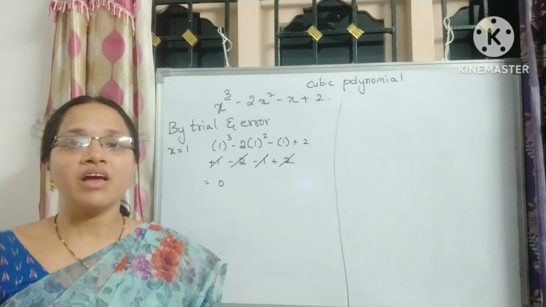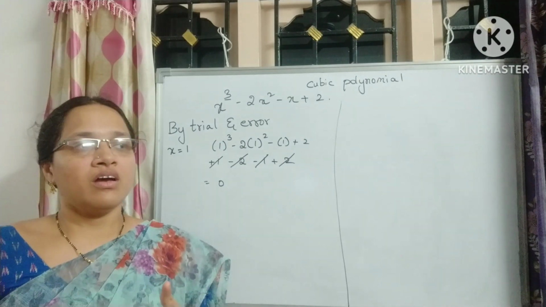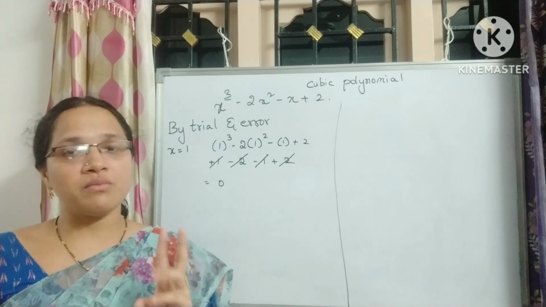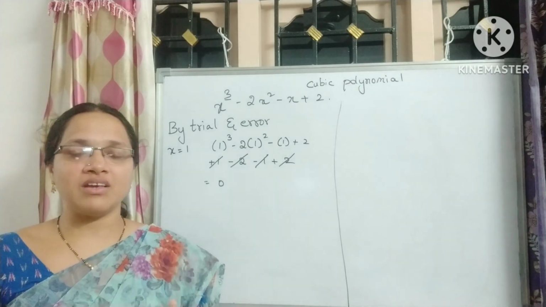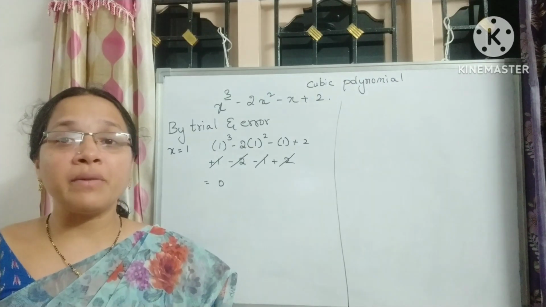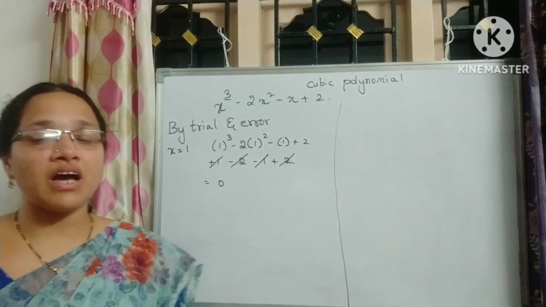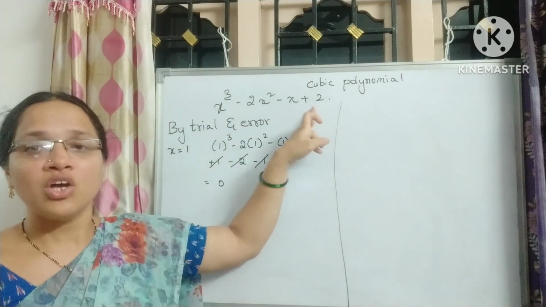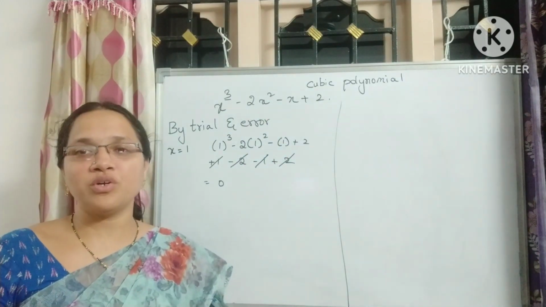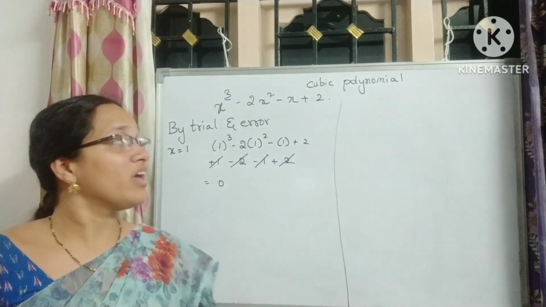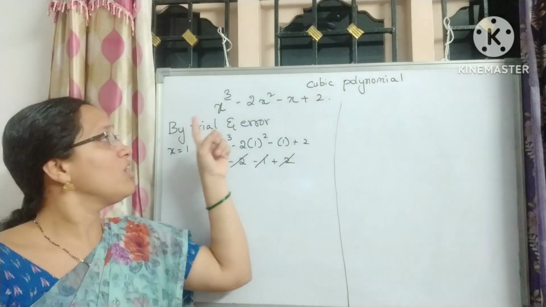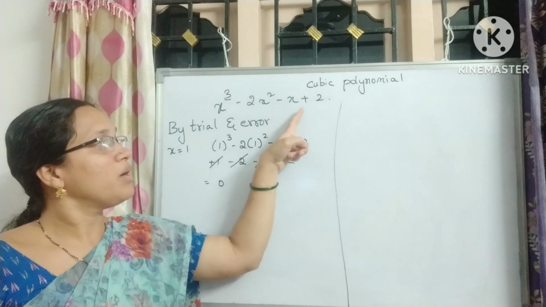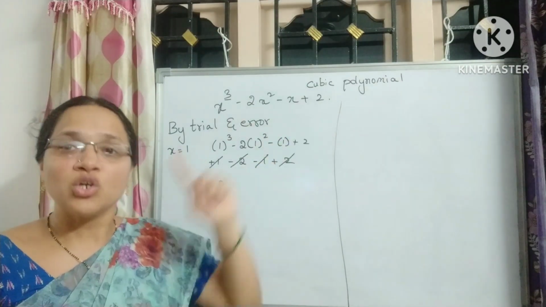Is that clear, children? You may wonder, in the numbers which I told you, there is 1, minus 1, 2, minus 2, 3, minus 3, 4, minus 4, and so on, but there is no 0. You should not put 0, children. Why? Because there is a constant here, you will not get 0 when you put x is equal to 0. When you substitute 0, only this term becomes 0, this term becomes 0, and this term becomes 0, but you will be getting the answer as 2.